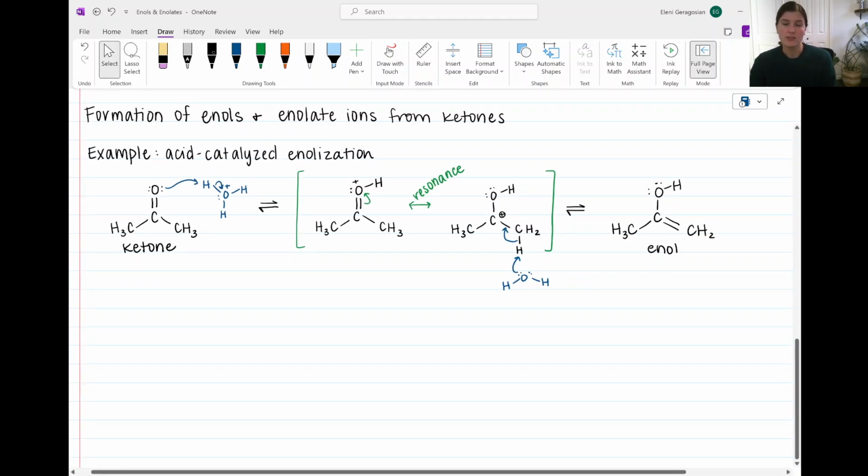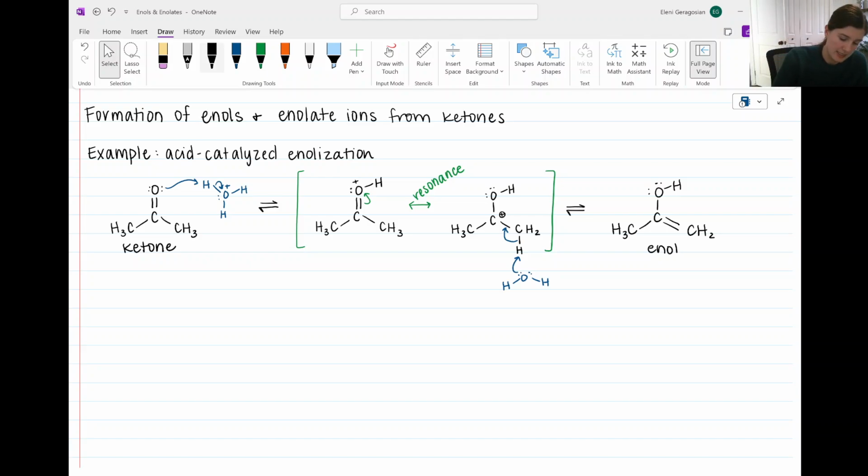So this is how the ketone tautomerizes into the enol when the conditions are acidic. When conditions are basic, this process looks different, and it's helpful to consider what we will call the alpha hydrogen acidity.